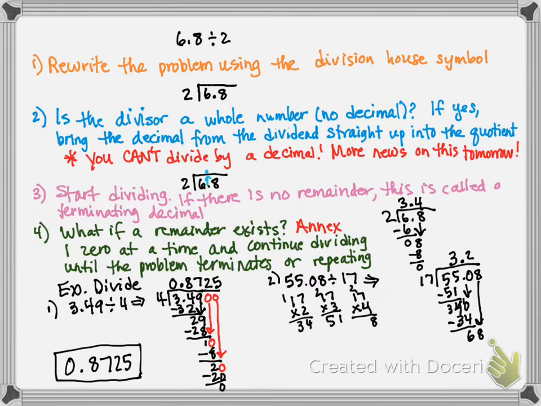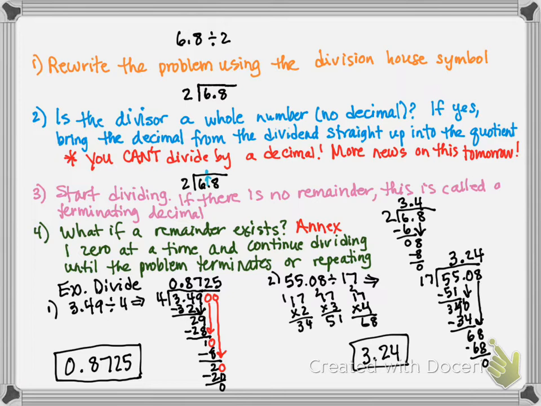So I get 28, and 4 and 2 is 6. Hey, look at that. That's it. So we subtract 68, and we get a remainder of 0. So it terminates. And it was nice because we didn't have to actually annex any zeros on this one. So the answer is going to be 3 and 24/100.